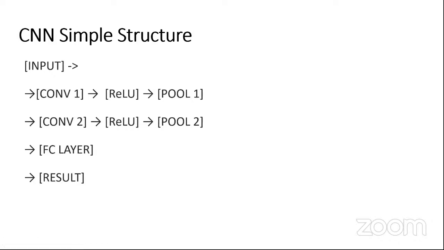Again, after that pooling layer, another convolution plus ReLU will be there, which will be given to another pooling layer, which is given to the fully connected layer, which will give the result. If it is a classification algorithm, we'll be using a softmax kind of classification layer. Thus we'll be getting the result. This is a simple structure.